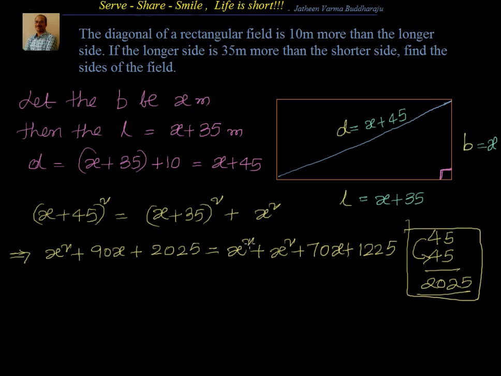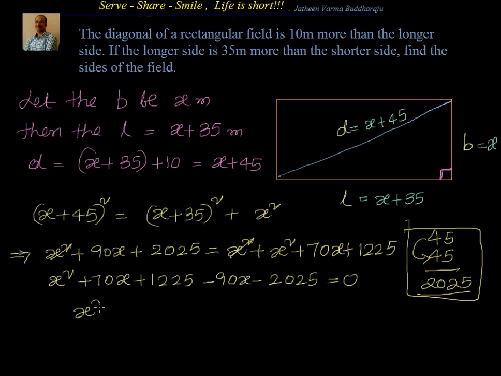We will have x squared cancels. We'll try to get everything to one side. Let me write it down here. We'll have x squared plus 70x plus 1225 minus 90x minus 2025 equal to 0.